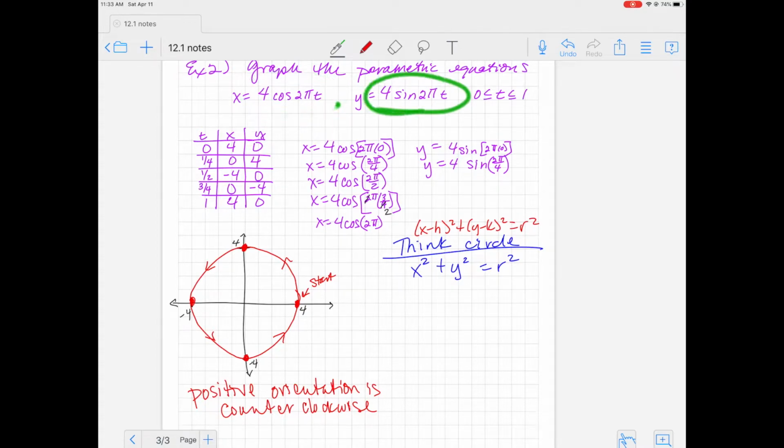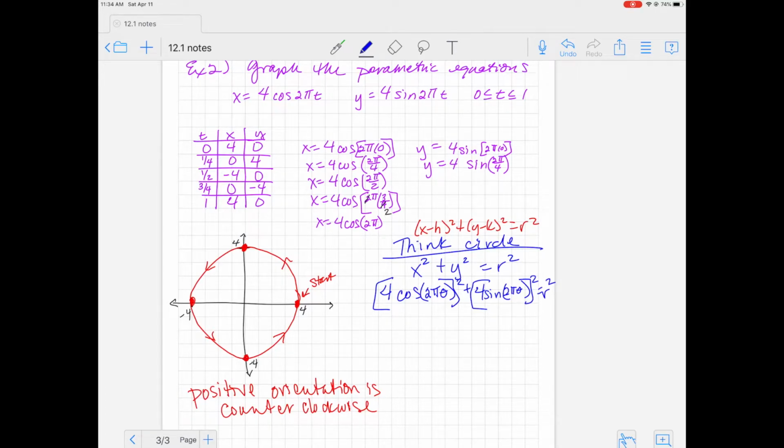My y is sine. So in place of x, I'm going to write 4 cosine 2 pi, and I'm going to write theta in here. So I've got this squared plus my y squared is equal to r squared.